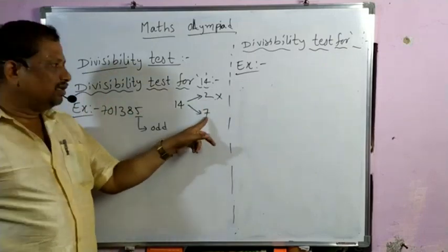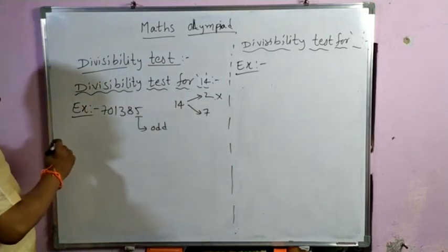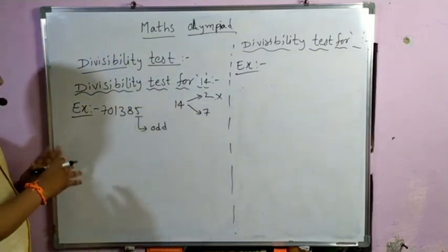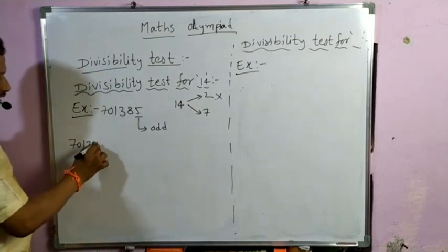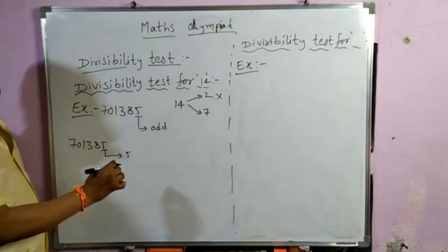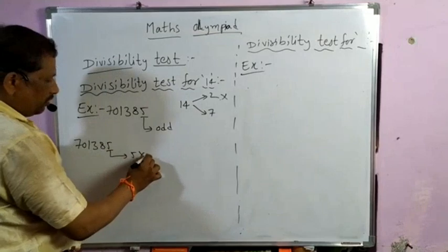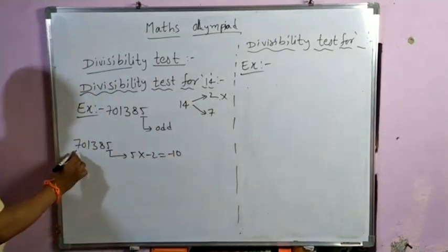Next, divisibility test for 7. How to do the divisibility test for 7? Same process: you have to double the last digit and subtract it from the remaining number. So 701385. What is the last digit here? 5. We have to double it, so minus 10. This 10 is subtracted from the remaining number.